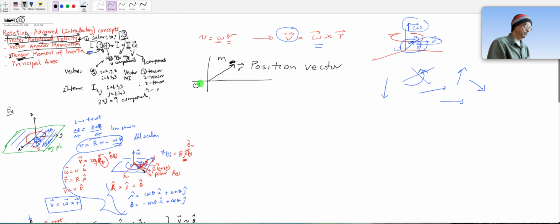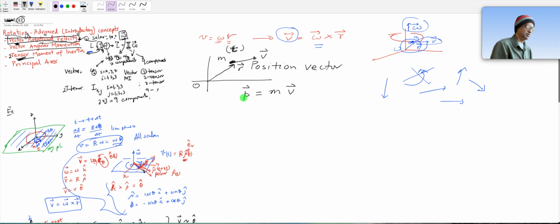Okay, in the position vector, and it maybe is moving in that direction. So this is some instant t. This is the situation. It's going that way, position R vector. So you know the momentum of this. This is the definition of momentum, mass times velocity.